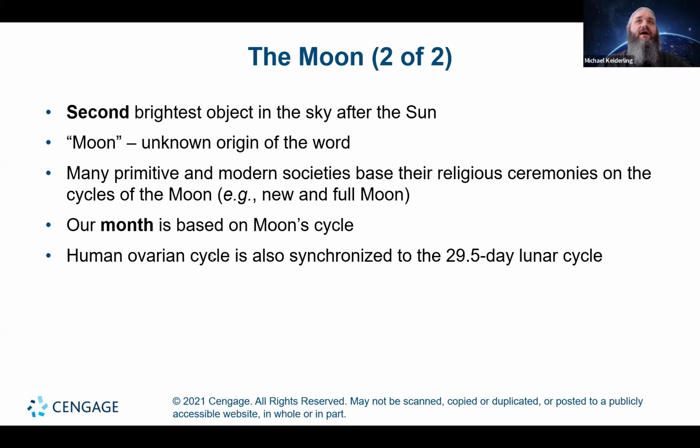And in a weird coincidence, it seems to be a coincidence, there does not seem to be actually any evidence that these are tied together. The human ovarian cycle is also very close to the 29 and a half day lunar cycle, but it doesn't seem that there's a causal connection.